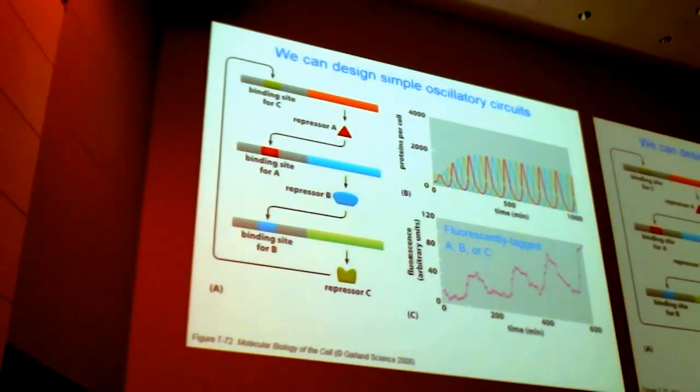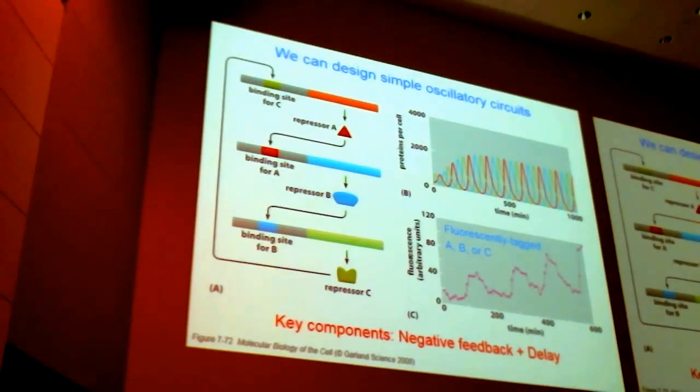They occur in circadian rhythms in us and are responsible largely for us getting jet lag when that goes out of whack. And the key components are negative feedback loops and delay. Okay? Delay is essential. If it's immediate negative feedback, then you don't have enough accumulation and it's a flat line.